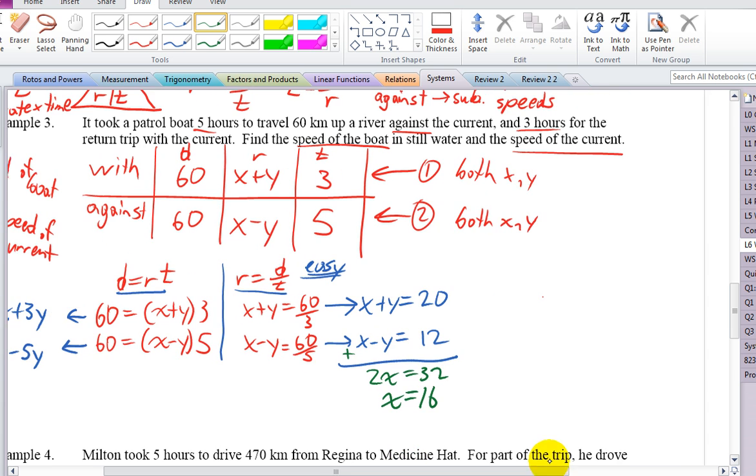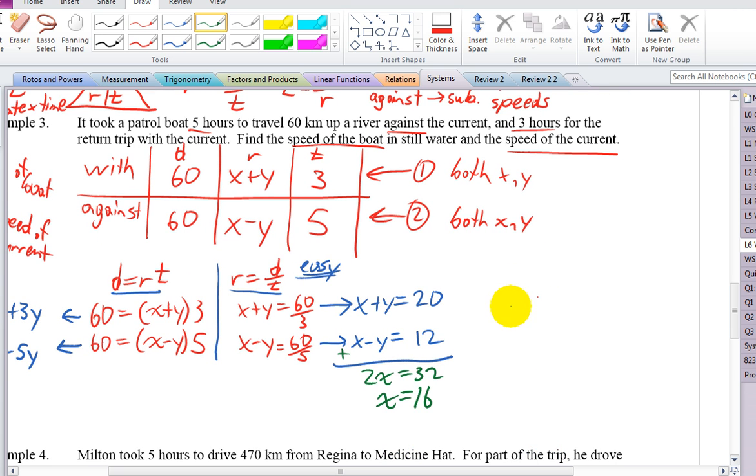X equals 16. That's easy. Then you could substitute in. So 16 plus y equals 20. Y must equal 4. Okay. So, speed of the boat is 16 kilometers per hour.